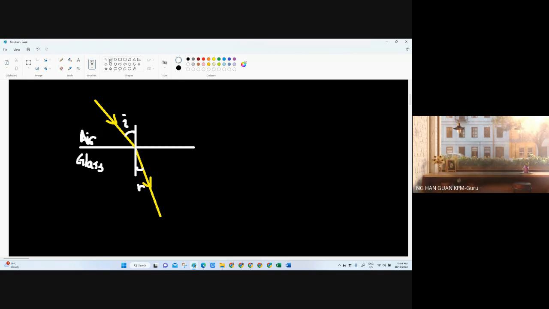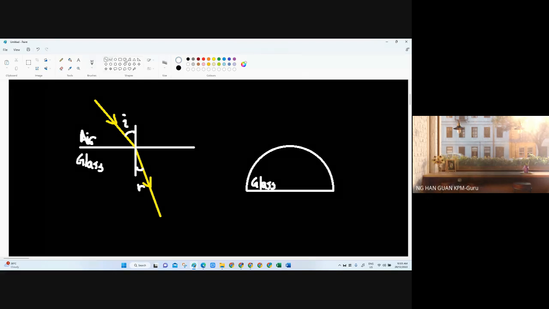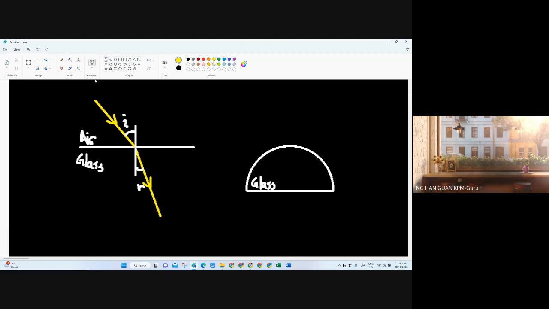But why, when we have the semicircular glass block, let's say an example like this, we have a semicircular glass block. Okay, so here is our glass. So the question is why the light travels, let's say this one here is air, from the air into the glass block, it will just go in a straight line without bending.